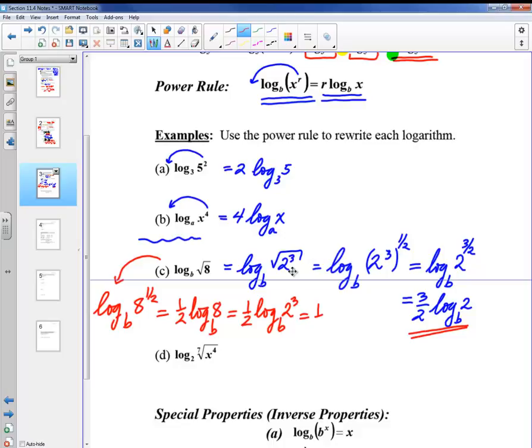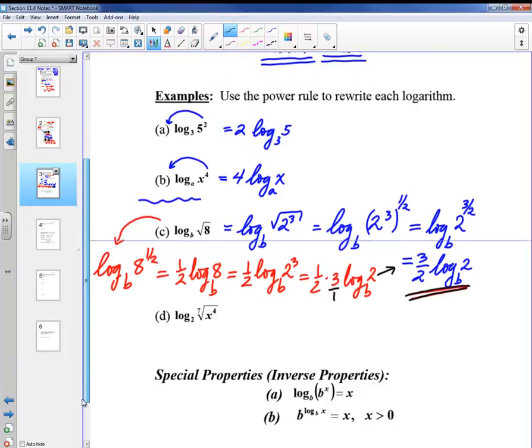So you have 1/2 times 3 log base b of 2. And then you need to think of that 3 as being 3 over 1, and you multiply 1/2 and 3 and you come up with the same answer. Now either way, you have to deal with 8 eventually and break it down into 2 to the third.